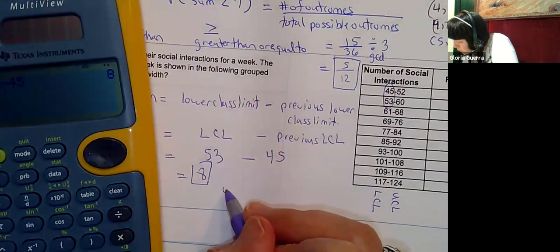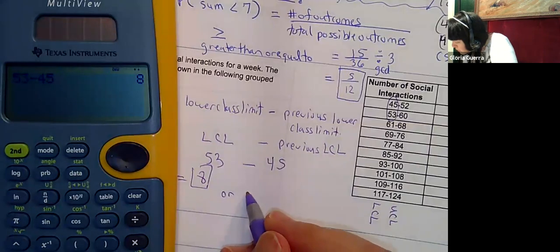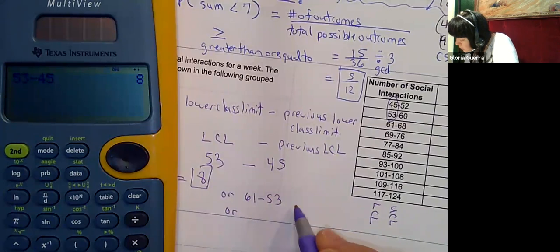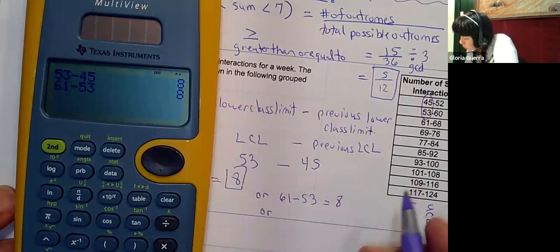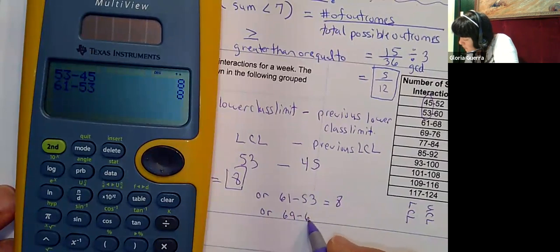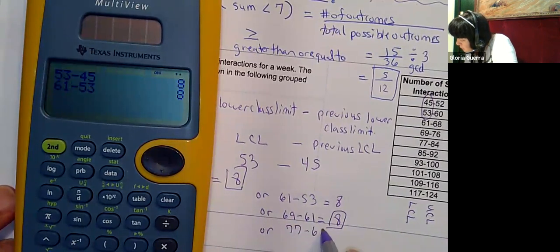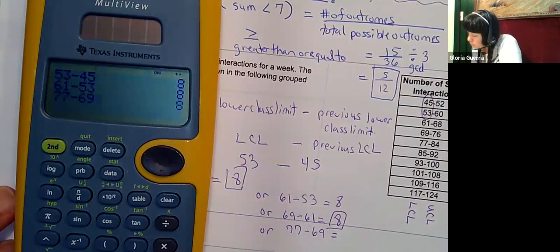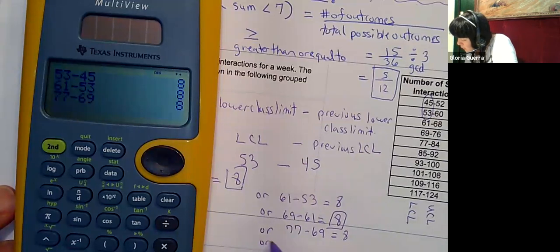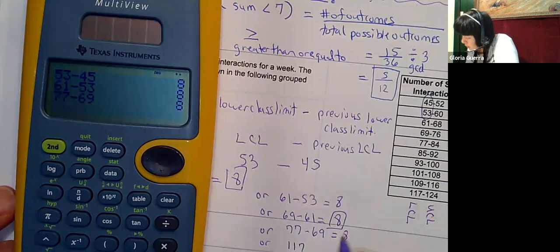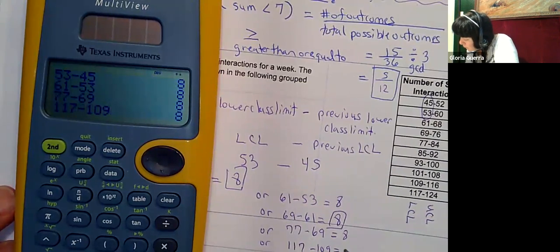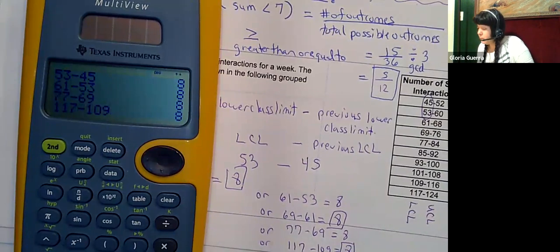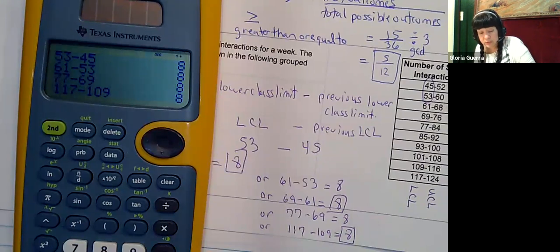You could have done 61 minus 53, 61 minus 53, see that's 8. Or you could have done 69 minus 61, that's 8. Or you could have done 77 minus 69, okay? Or you could have done that last one, 117 minus 109, and you're going to get 8 for those, okay? So those are your widths, your widths.